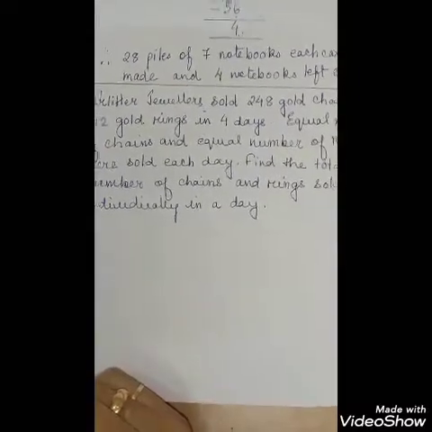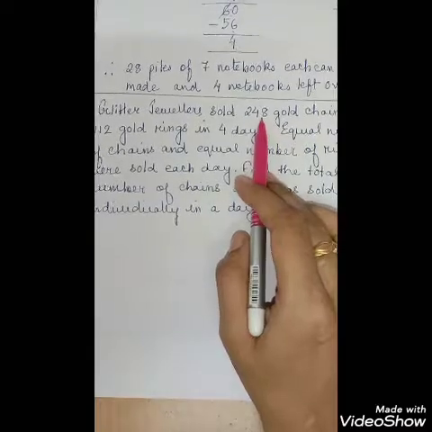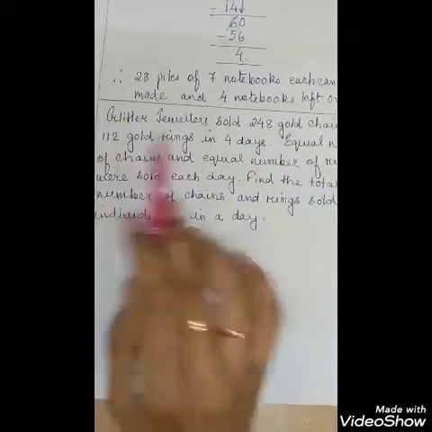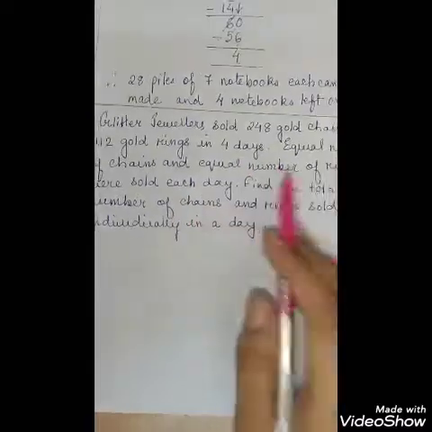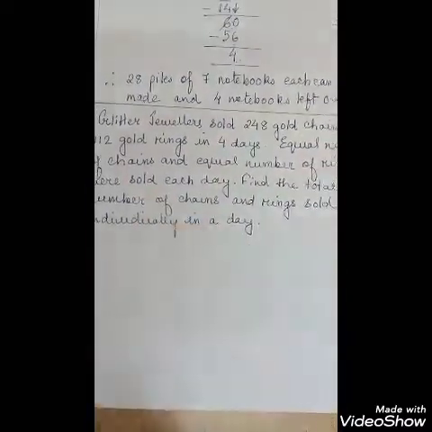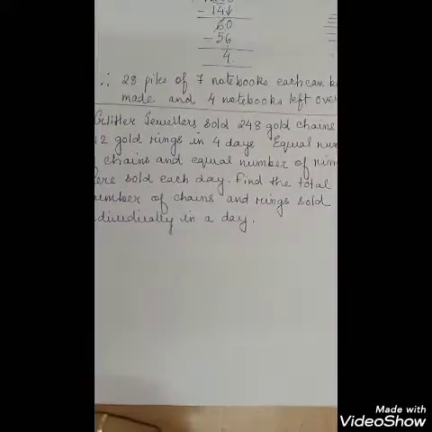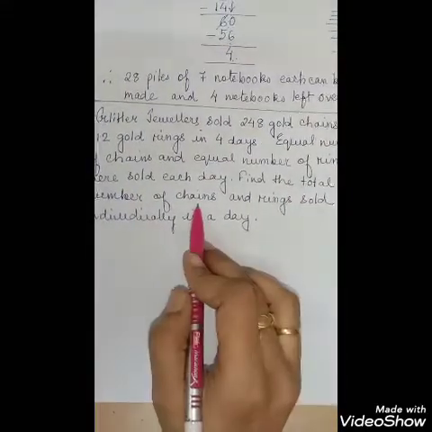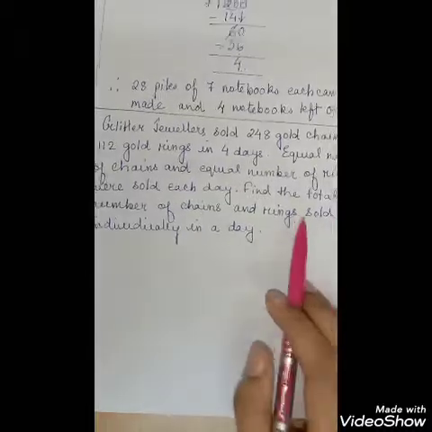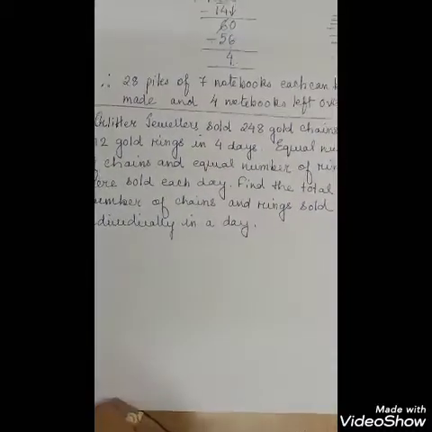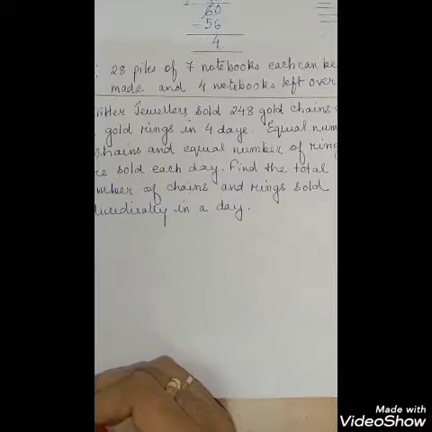So what we have to find out? Glitter jewelers sold 248 gold chains and 112 gold rings in 4 days. They sold equal number of rings and chains each day. We have to find how many chains and rings they sold individually in a day.